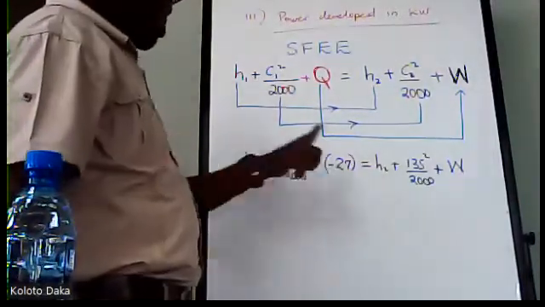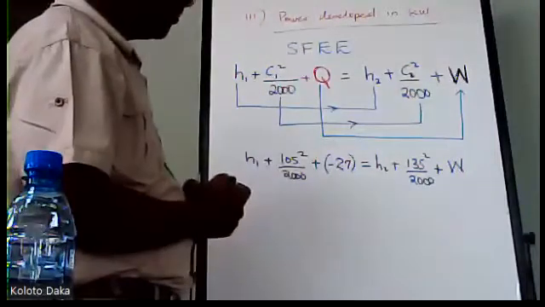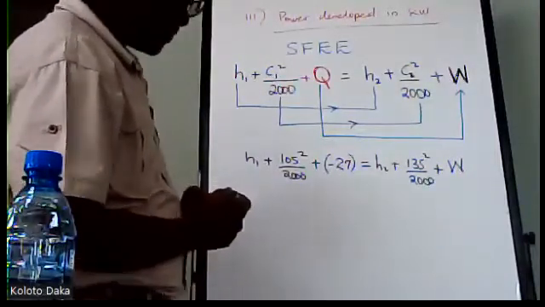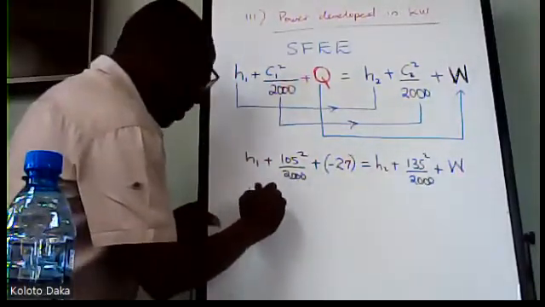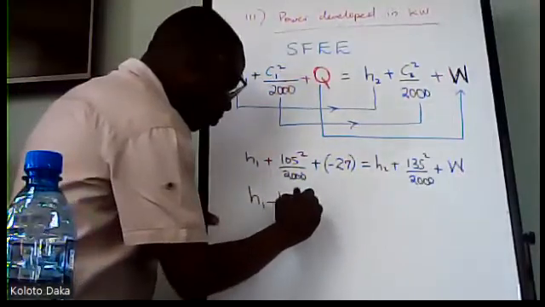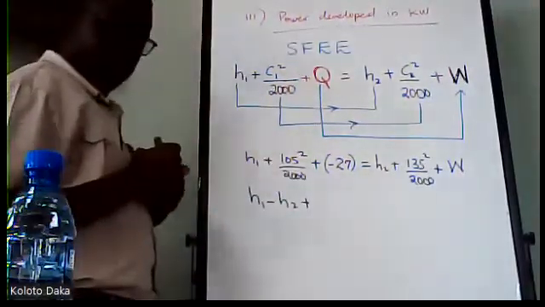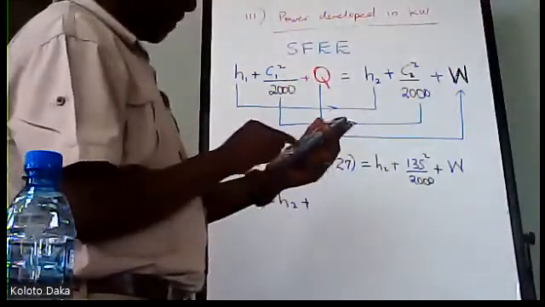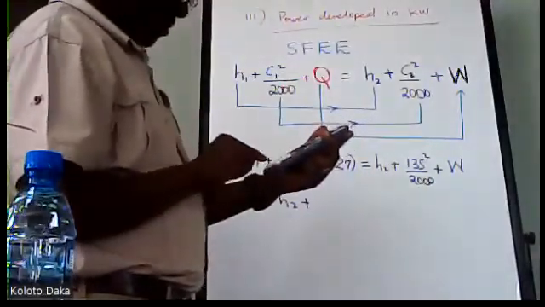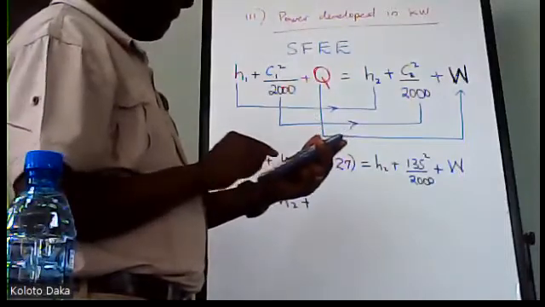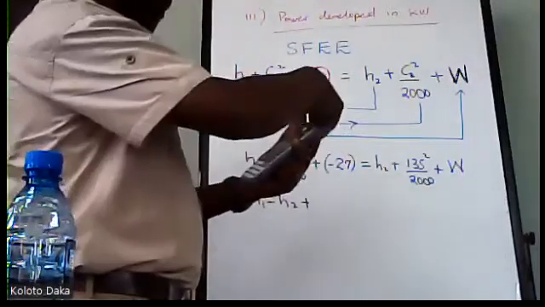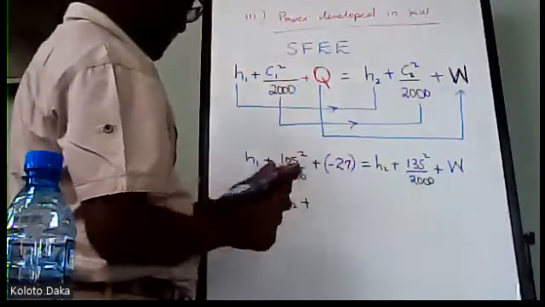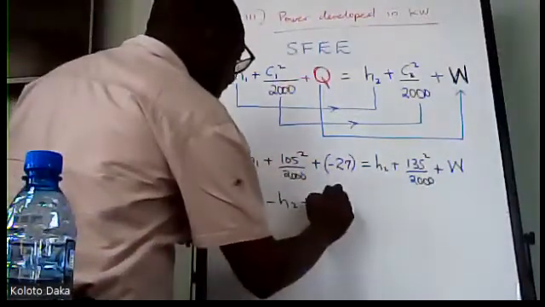Can we bring H2 to the other side of the equation? Yes. So H1 minus H2 plus 105 squared over 2000, which is 5.5125.